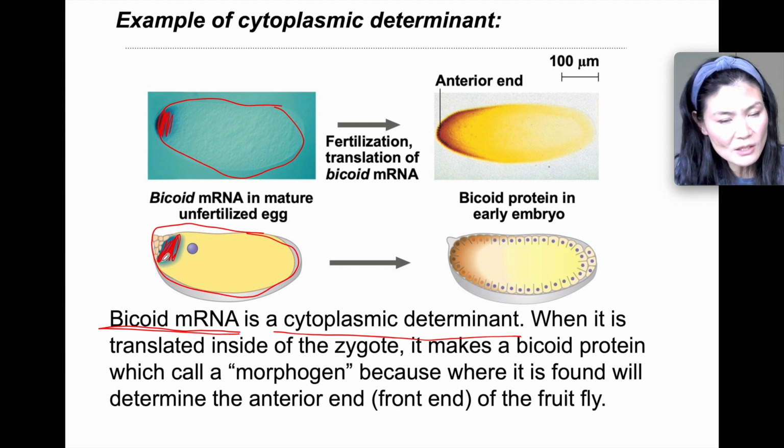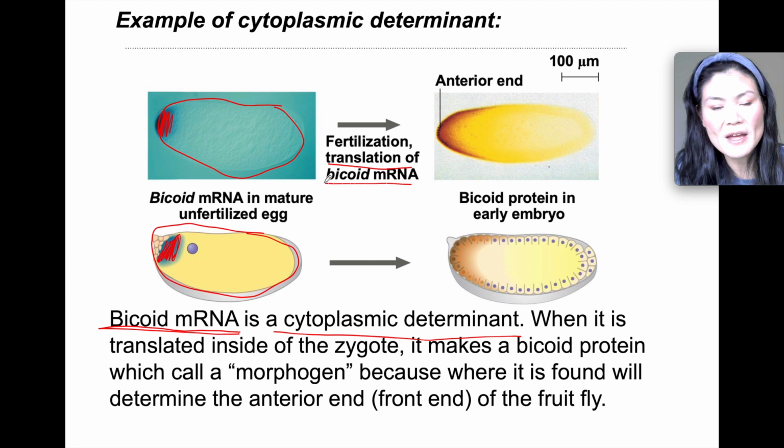And so when you see a lot of that mRNA on that side of the egg, once it becomes fertilized, then translation is going to take place of that mRNA. And so that bicoid protein is going to start being made on that left side of the zygote.